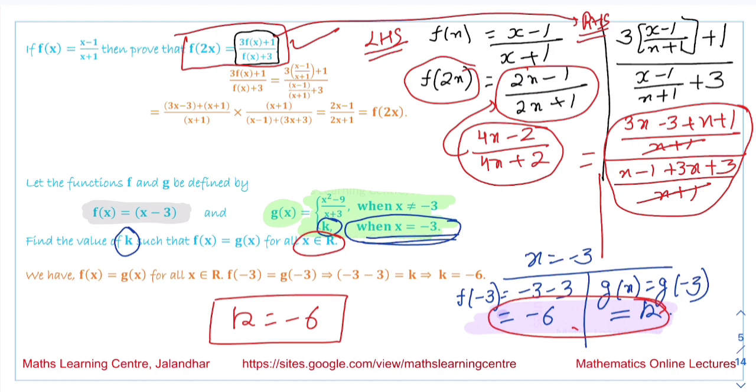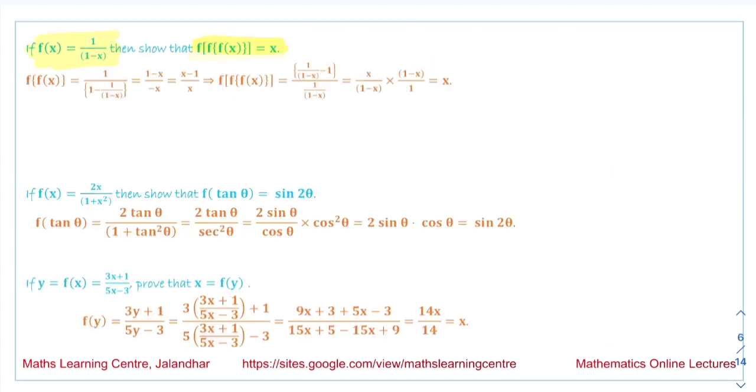Next we have f(x) = 1/(1 - x). We have to show that f(f(x)) = x. So we calculate f(f(x)).